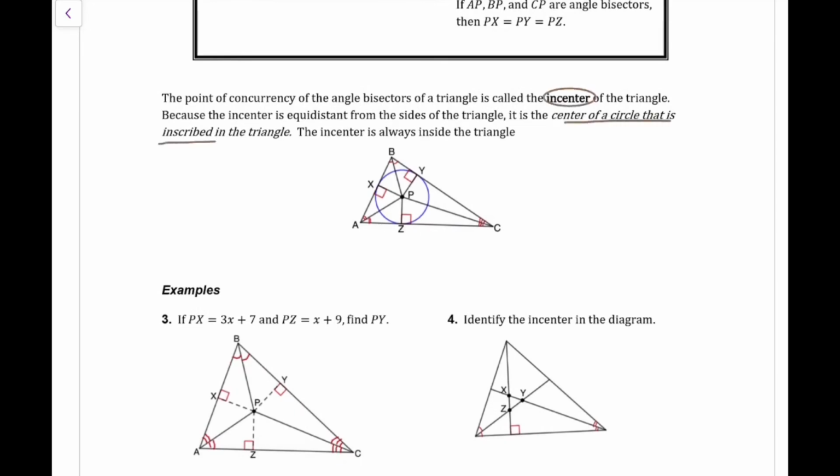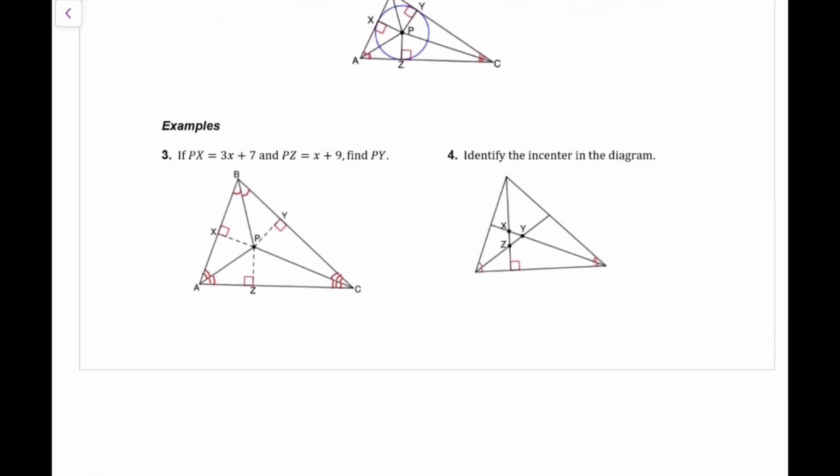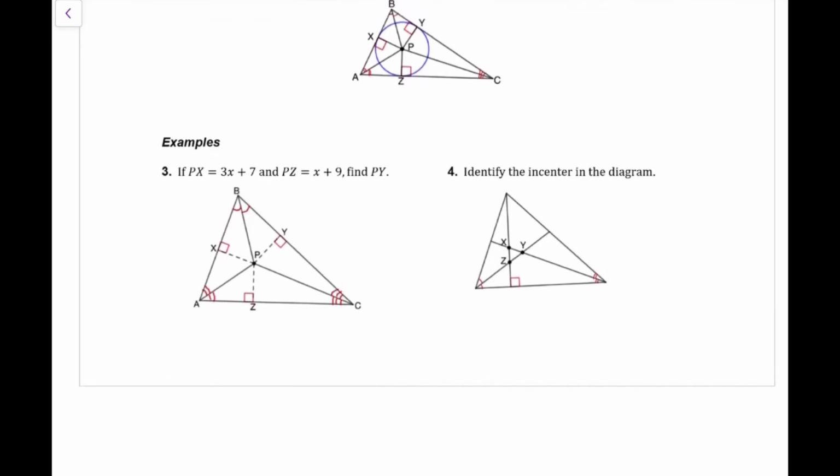And we have an example on example 3. We're going to find the incenter for both 3 and 4. So if it's an incenter, it's an equal distance from all 3 of the sides. So PX and PZ have to be equal.